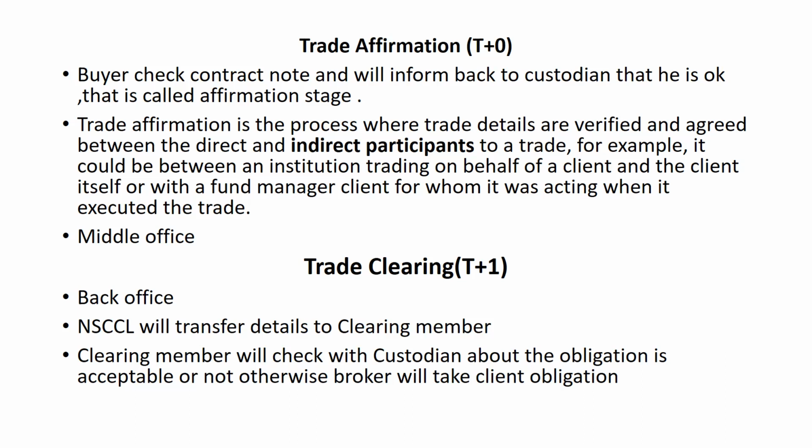But if he declines, because he had told the broker that he wanted to buy at 3,000 rupees, then the broker who punched the order on behalf of the client has to take the obligation.